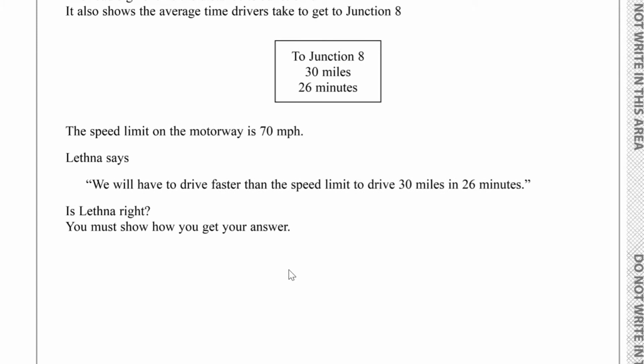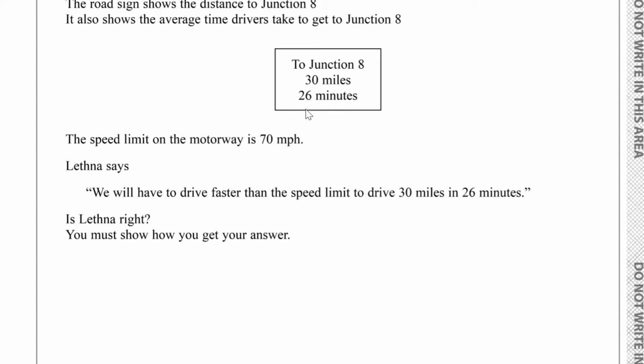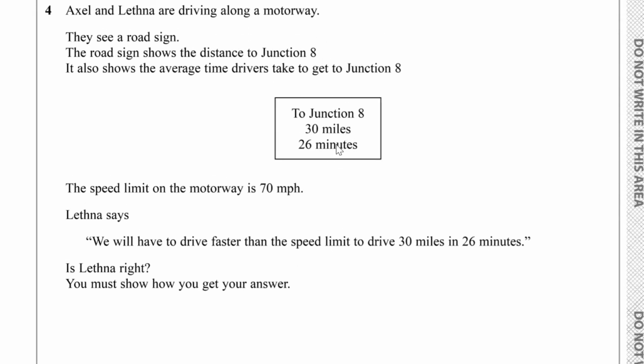Well, what you'd first of all notice over here is here we have minutes and here we have miles per hour. So one thing we can do is convert the minutes into hours.